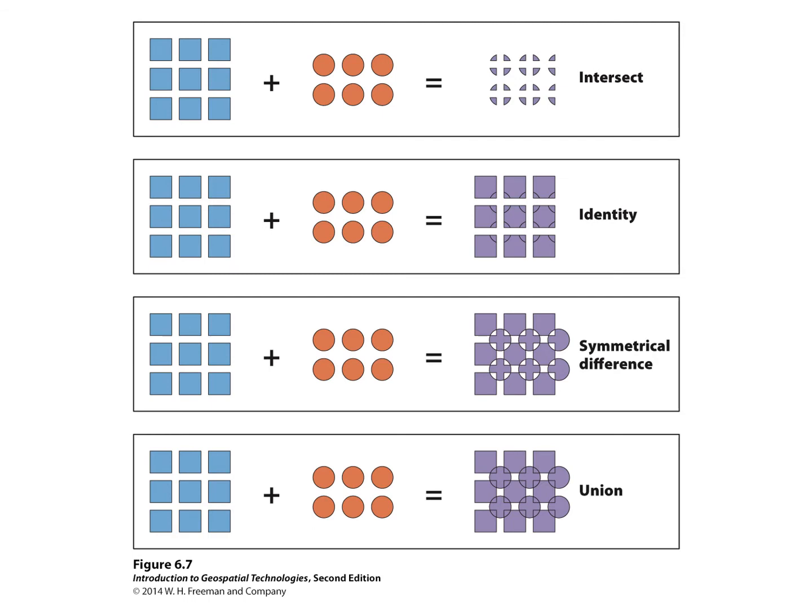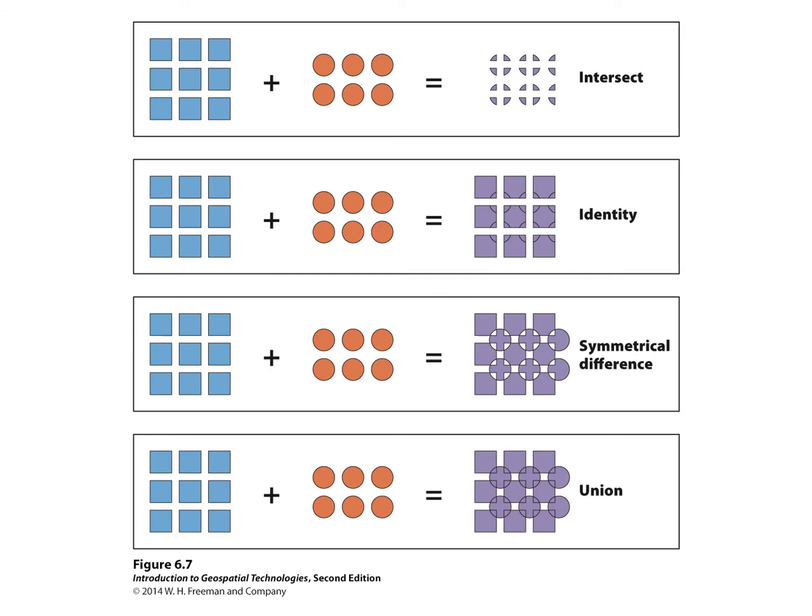Okay? In other words, to be in your final output, that piece of space has to exist in both the blue squares and the red circles. Now, if you were to lay the blue squares over top of the red circles, the only space that's common to both would be what you see for the intersect, which is those tiny little pie slice shaped objects.